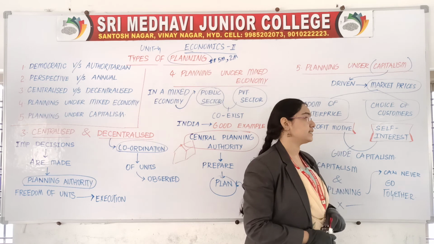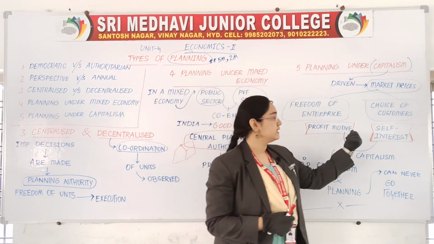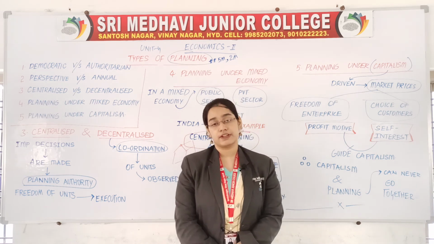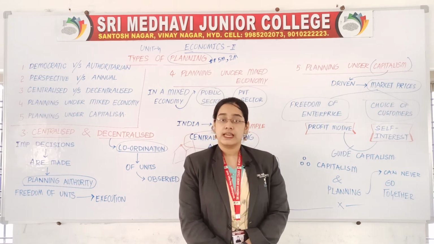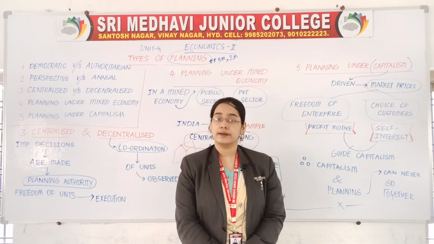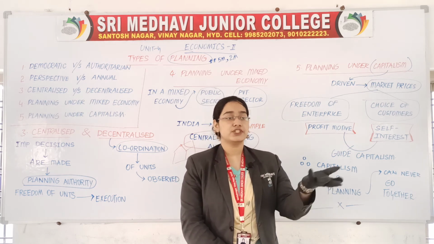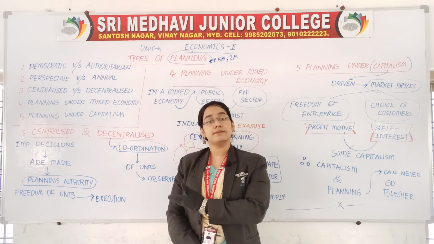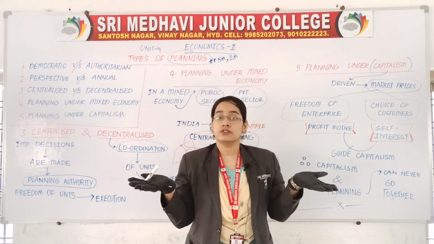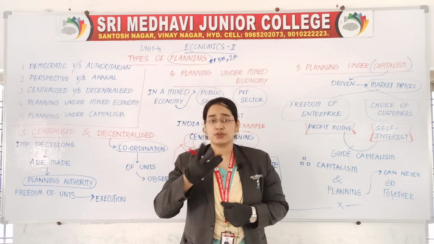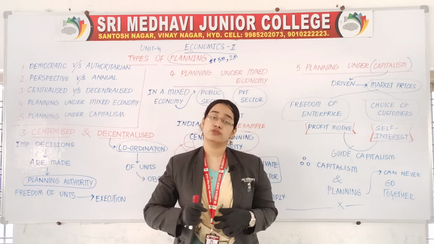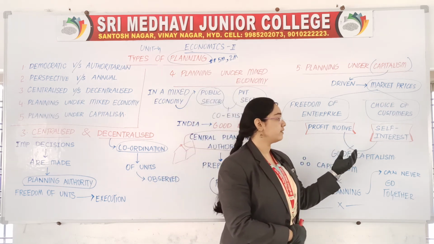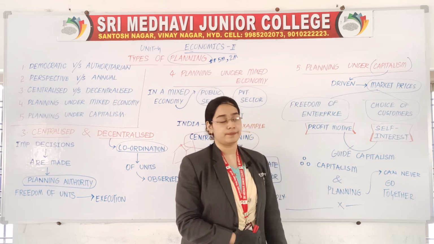Then, choice of the customers depends on self-interest. For example, everyone has different favorite colors. If you ask me, I may say some other color. If I ask one person, she may say red, the next person may say orange, the next may say blue, some person may also say black. Everyone has their own choice and their own self-interest. So, profit motive and self-interest guide capitalism.